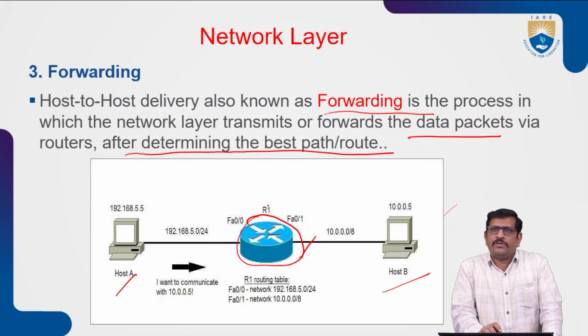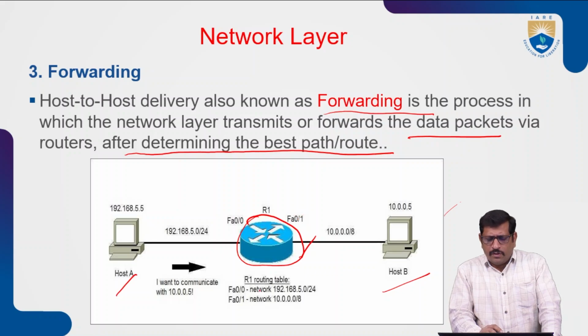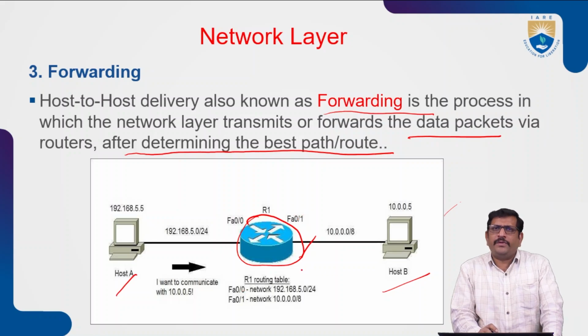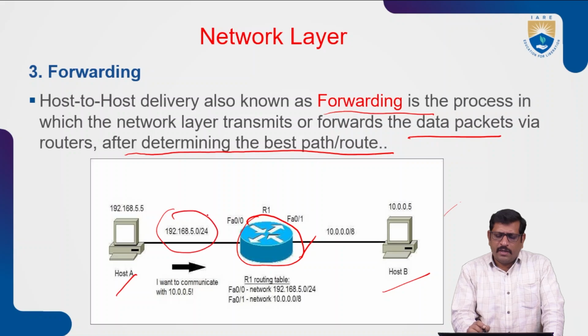On the R1 router, the forwarding interface is FA 0/1, and the R1 routing table has this network address 192. So this is one network address, and this one is another network address. It is network to network connectivity.